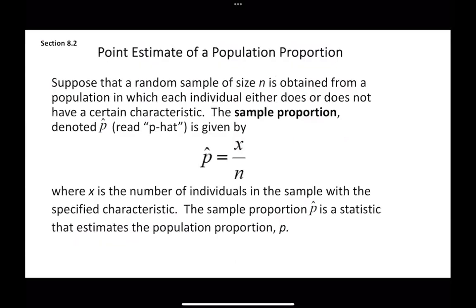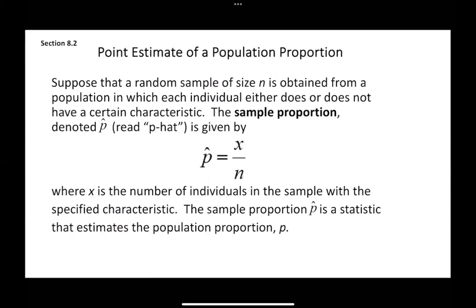So we are renaming something we've already used like 20,000 times because this is what we do. So we are now dealing with population proportions. We're still going to look at mean and standard deviation. We're going to get there in a different way.